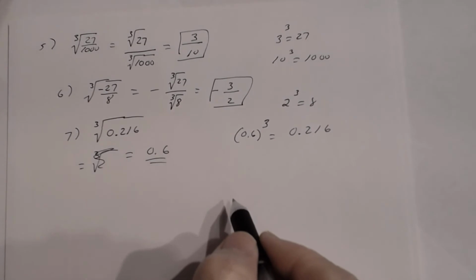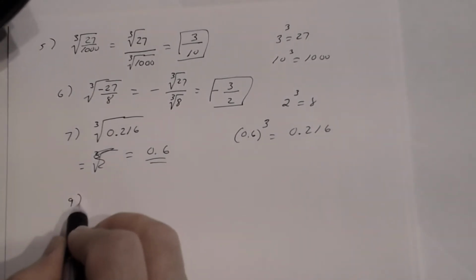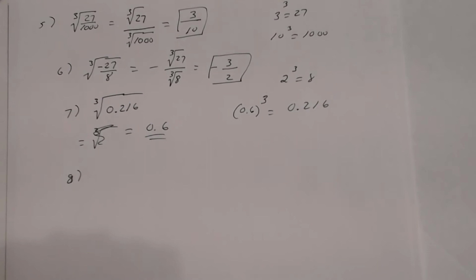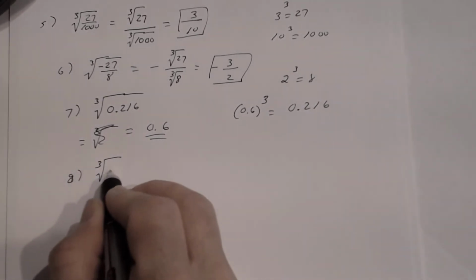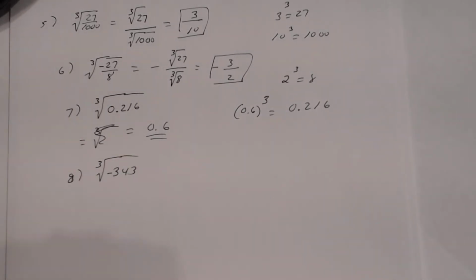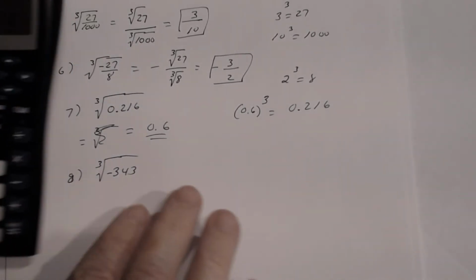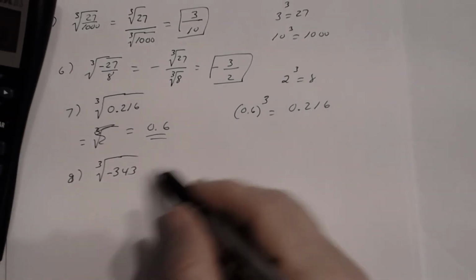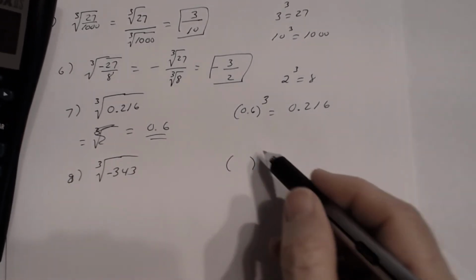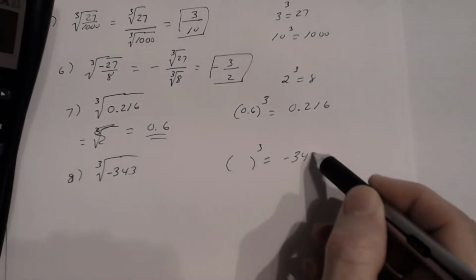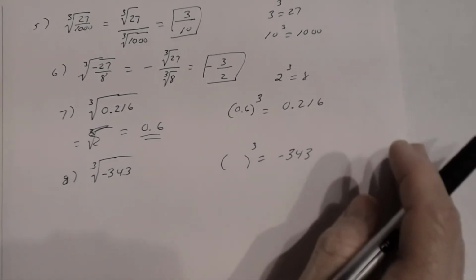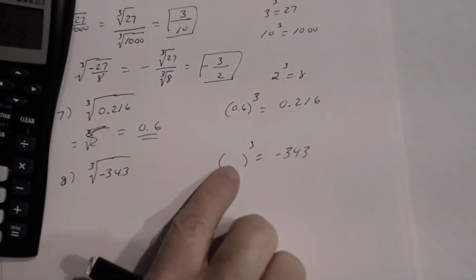There's the answer. All right, number 8. What if I had the cube root of negative 343? Again, don't use the cube root button on your calculator. Just understand what you're trying to find: a number multiplied by itself 3 times that's going to equal negative 343.